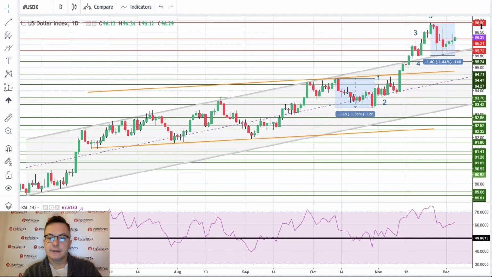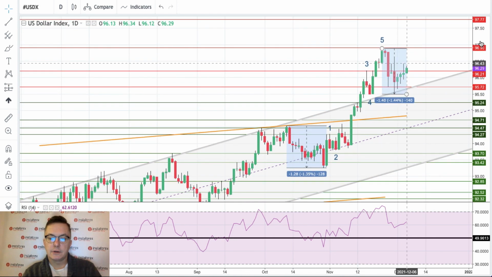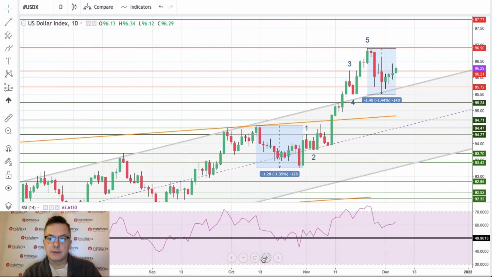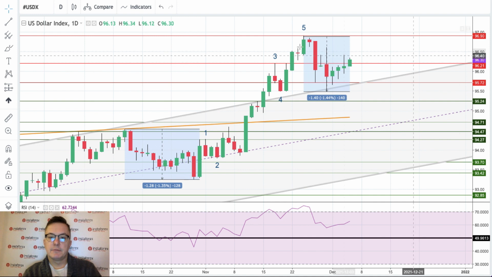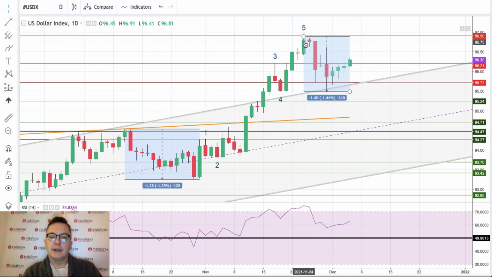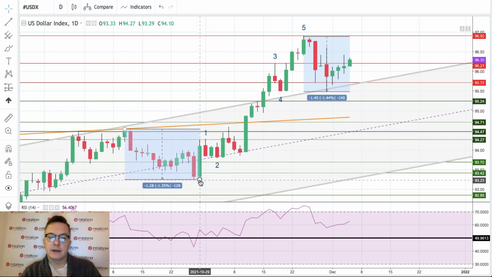The US dollar is right now bouncing from the lows, as you can see, at the level of 95.72. These lows were made after 5 waves to the upside were completed. So this decline, 1.44%, was kind of similar to the recent bigger correction in the middle of October, 1.35%.